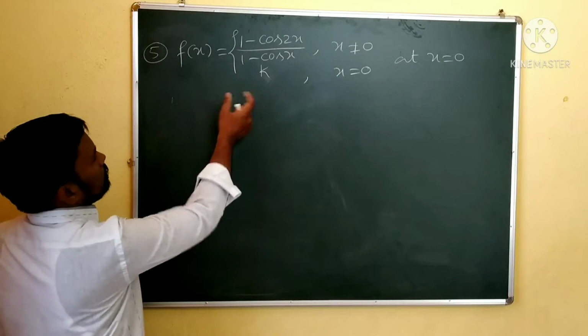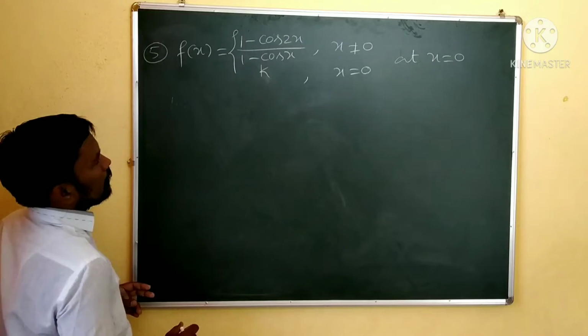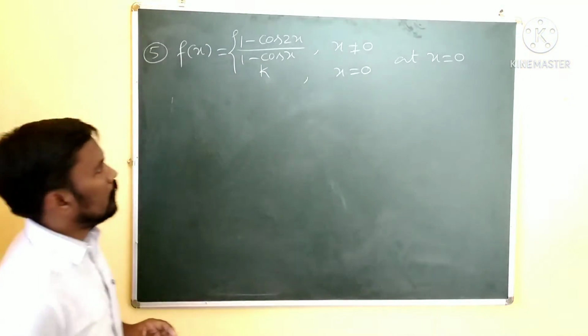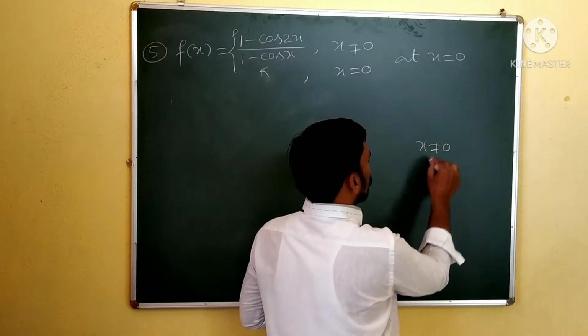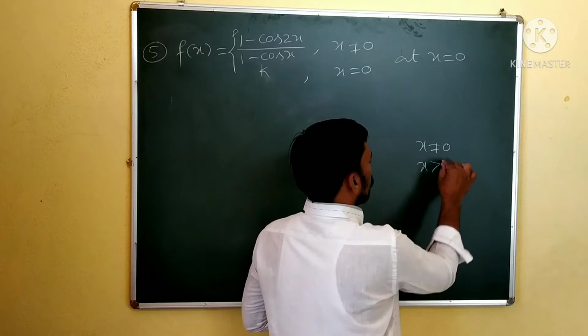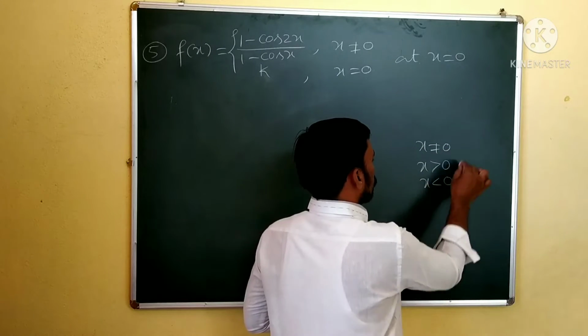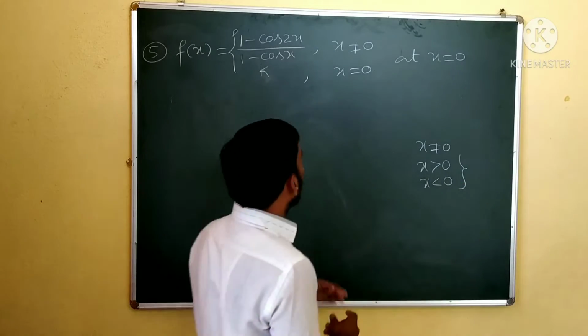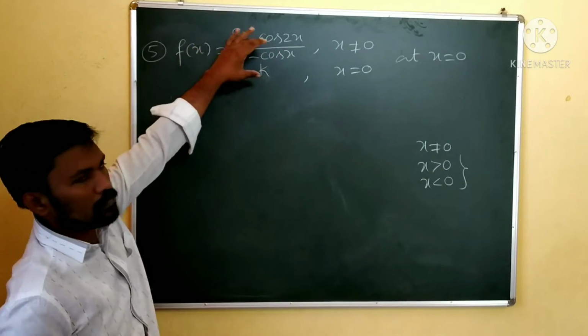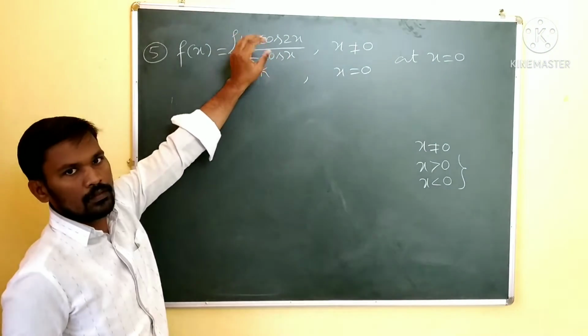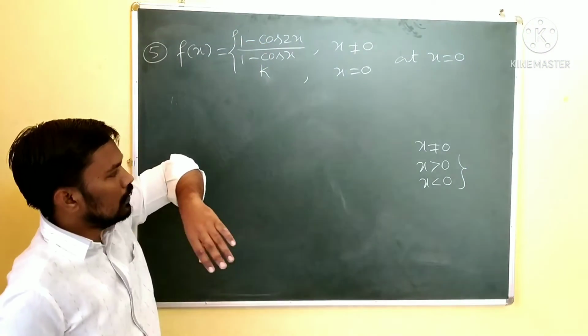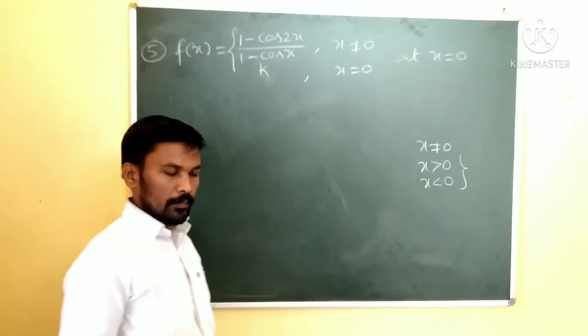So calculate either the right hand limit value or the left hand limit value. Here x is not equal to 0, which means x may be more than 0 or less than 0. Therefore, the same function, 1 minus cos 2x by 1 minus cos x, will be used for calculating both the left hand limit value as well as the right hand limit value.